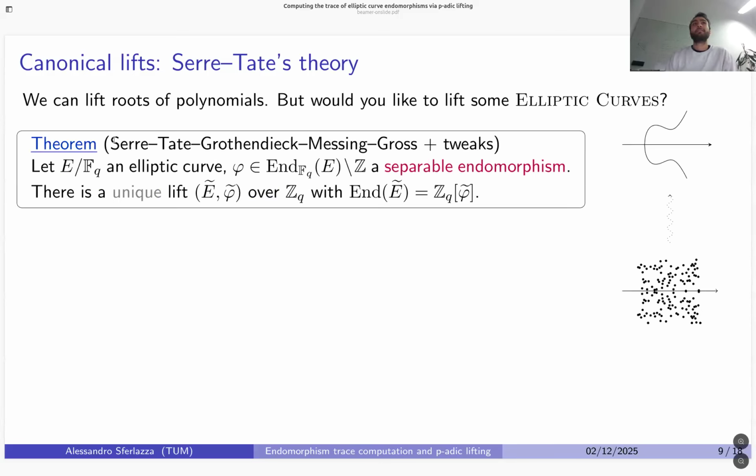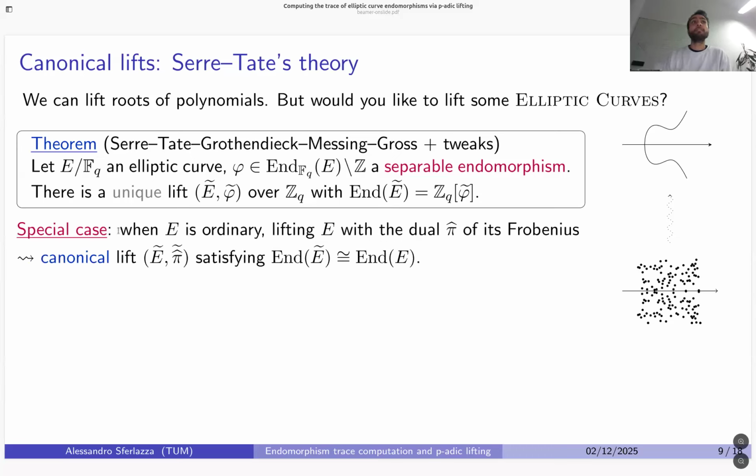The theory, an old theory that dates back to Serre and Tate, and then Messing wrote the proofs, and Gross added some bit of theory, says that when we have an elliptic curve over a finite field, and we consider a non-trivial, let's say, separable endomorphism, then this endomorphism can be lifted together with the curve uniquely to the p-adics in such a way that the endomorphism ring of the lift is actually pretty much described by this lifted endomorphism.